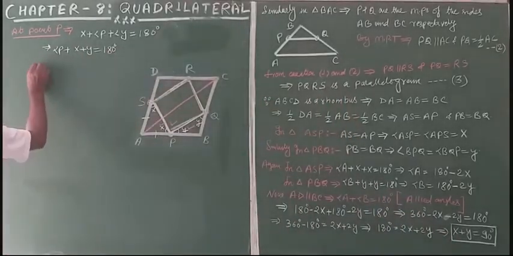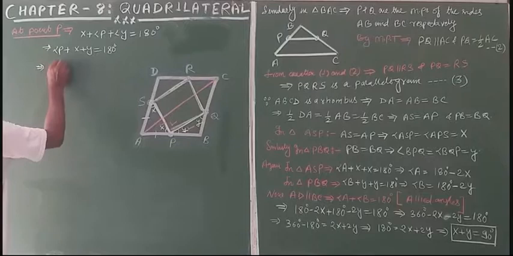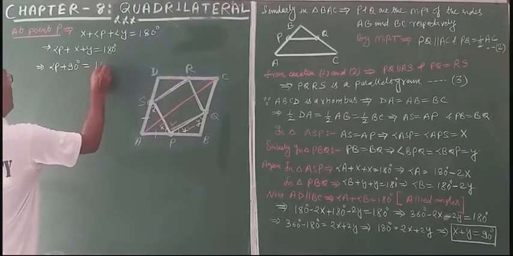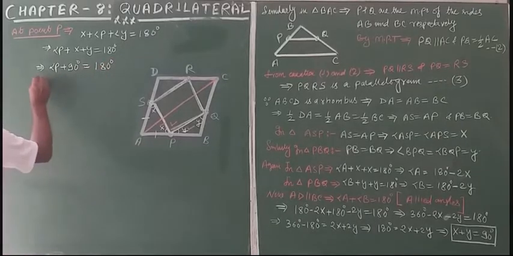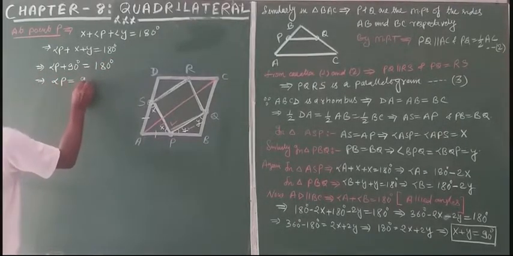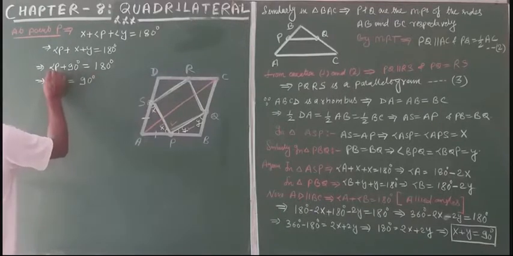Therefore, angle P plus 90 degree is equal to how much? 180 degree. From here we can calculate angle P is equal to 90 degree.